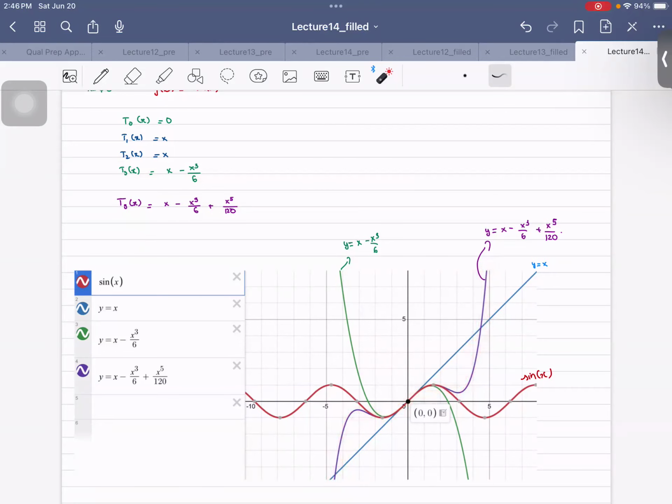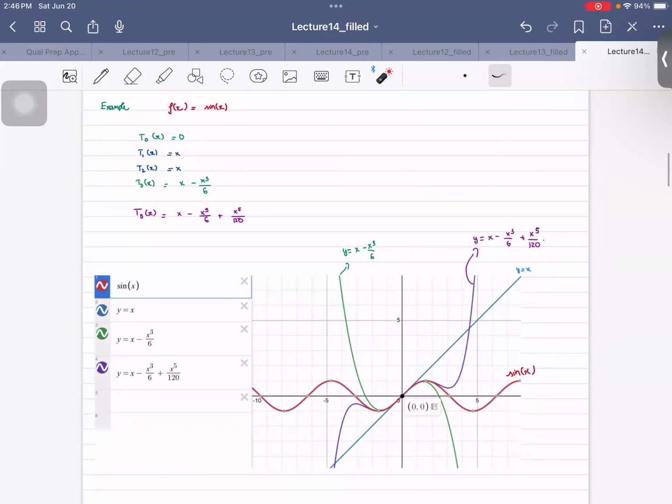Now it carries more information. You can see that over here your function opens down, and your approximated function also opens down. Over here it opens up, your function also opens up, and the concavities over here are completely the same.